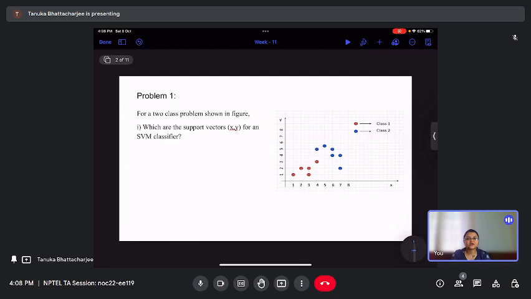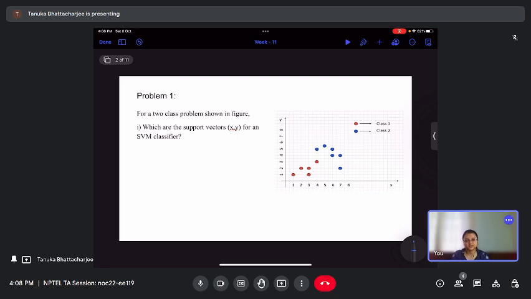Okay, and when you try to solve this SVM problem or SVM classifier design, you see that the decision boundary that you finally get is not dependent on all the training data points that you have. It's just dependent on some of the points from both the classes which are closest to the decision surface, basically which are at the boundary of the two classes. Those are important in making the decision surface.